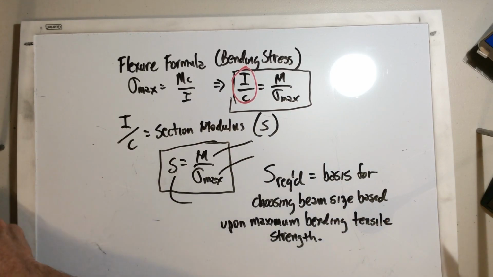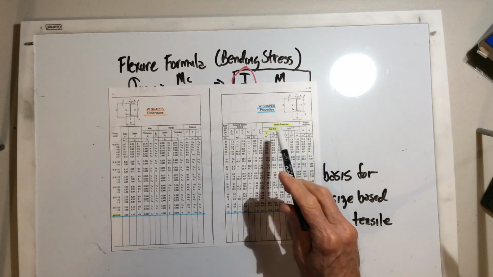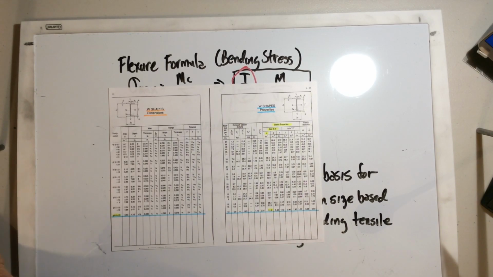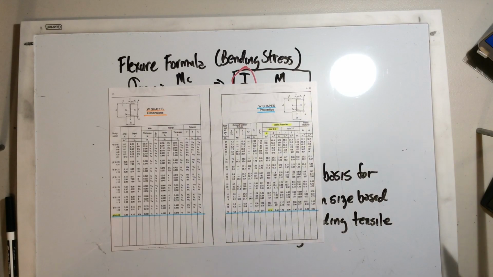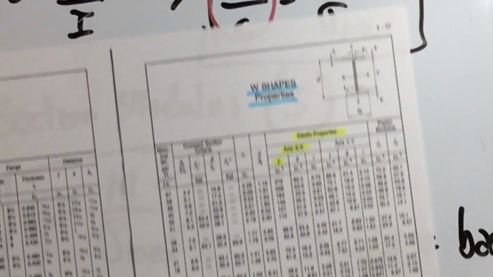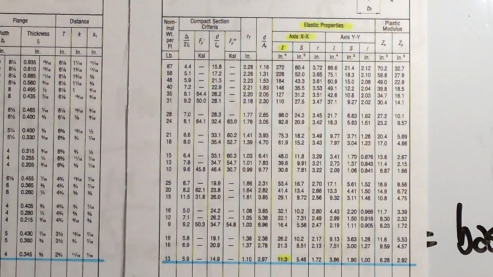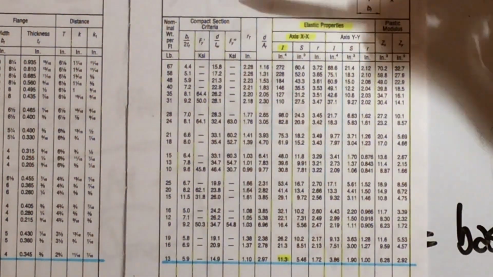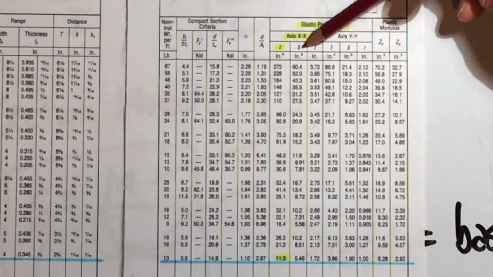And I tell you, if you go back to this table, if you look right next to the I's on these tables, there is the S. Okay, there is the S, and so maybe I can blow that up for you a little bit here. Okay. All right. So here are the elastic properties. Here's the I, here's the S. Okay?